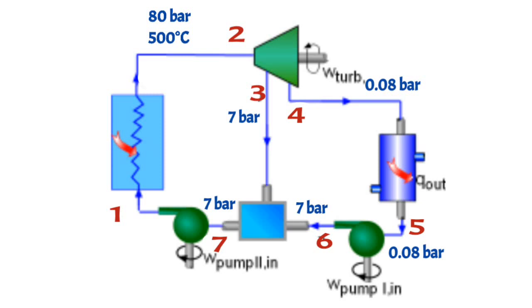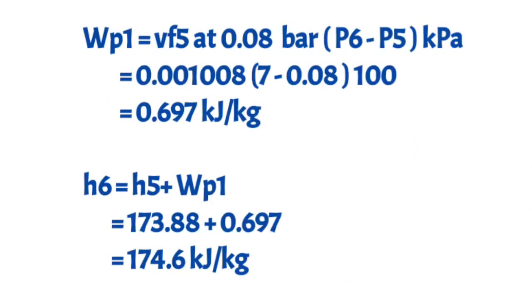Now in the same way we will calculate the enthalpy at point 6. If we observe the diagram, enthalpy at point 6 is equal to enthalpy at point 5 plus low pressure pump work, that is we will consider here WP1. So we have to first calculate WP1. Now this pump is in between point 5 and point 6. So we will refer to the specific volume at point 5, that is at 0.08 bar, and we will take the pressure difference, that is P6 minus P5, and we have to consider this pressure in kilopascal. So pressure is given in bar, so we will multiply here with 100.